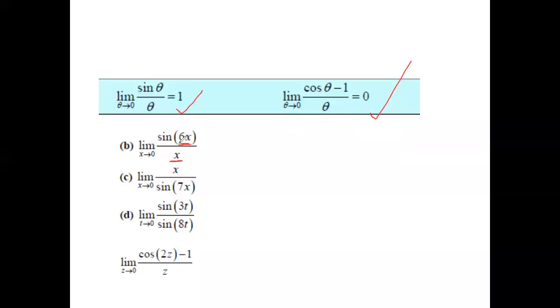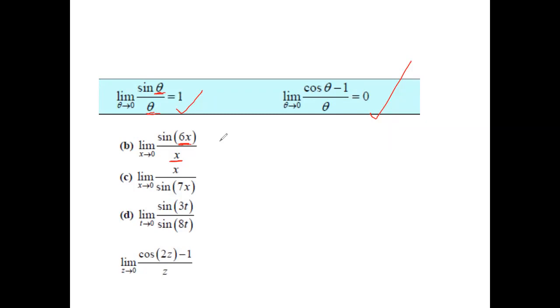They always have to be the same, because the rule says sine theta over theta will always be equal to 1. So if you can express the value in the denominator to be equal to the value in the bracket, then you just apply the rule and then you get 1.